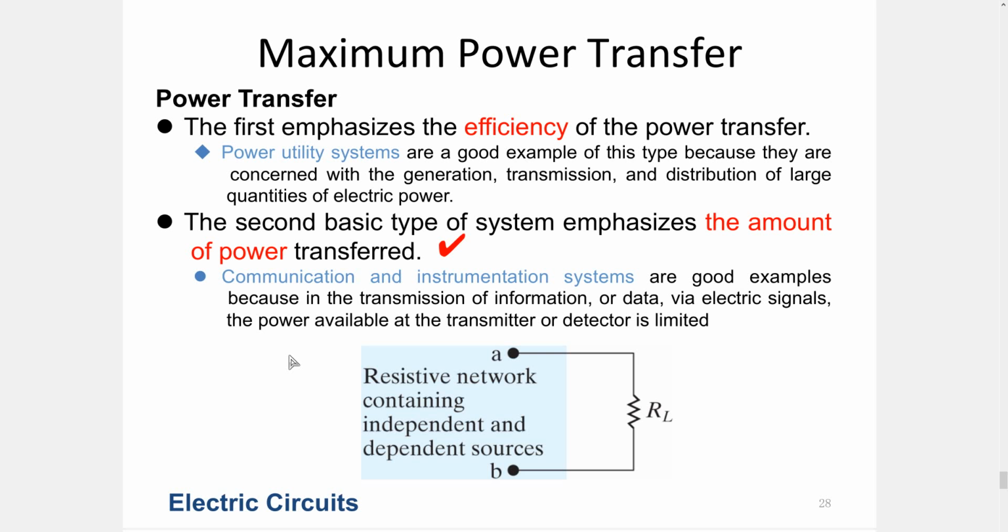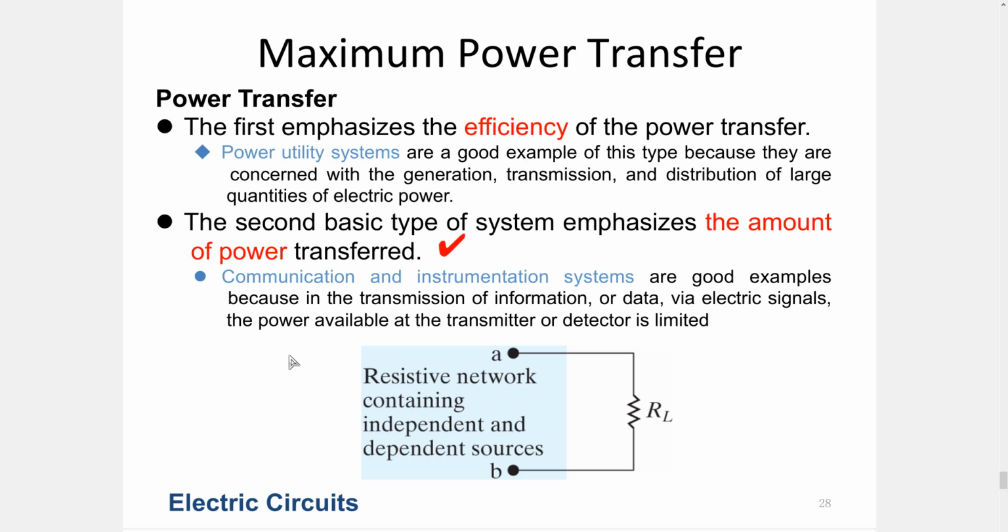So how can we transfer the maximum amount of energy from a source to a load, basically? Okay, the source generates the energy, and the load dissipates the energy. So how should their resistances, or their impedances in more general terms, be related to each other?